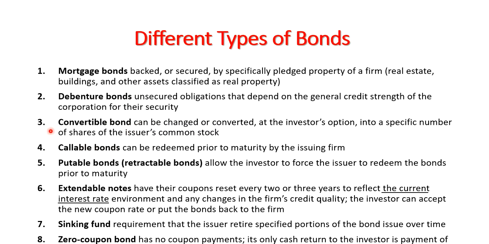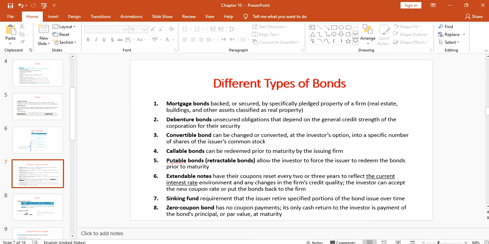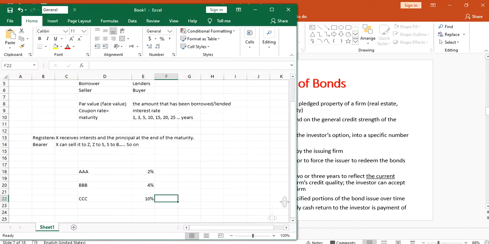Also we have convertible bonds. For example, a guy lends money and holds one bond that is outstanding for Microsoft.